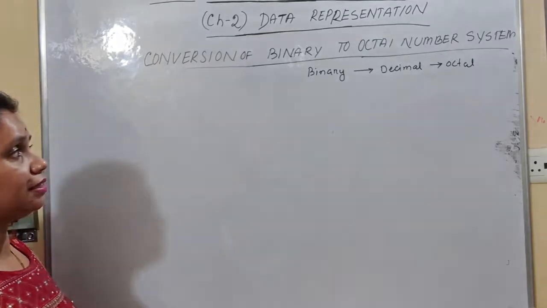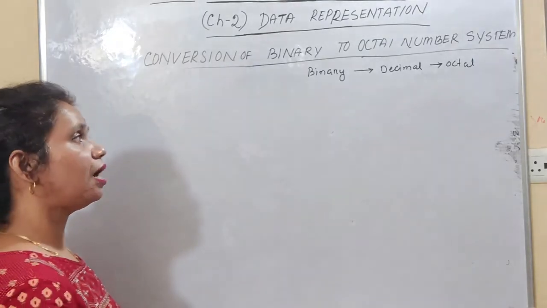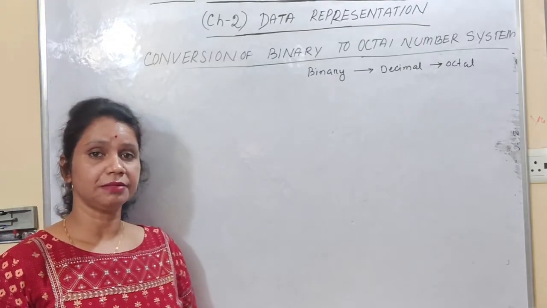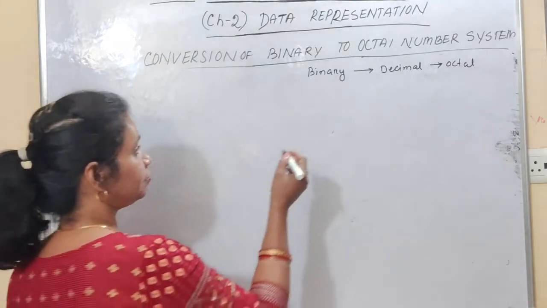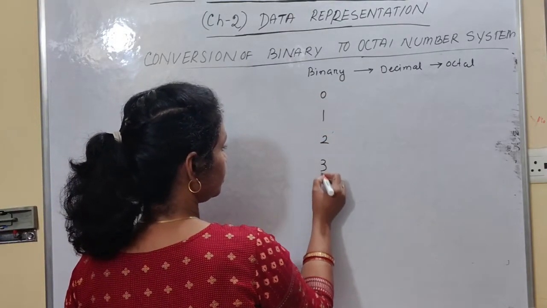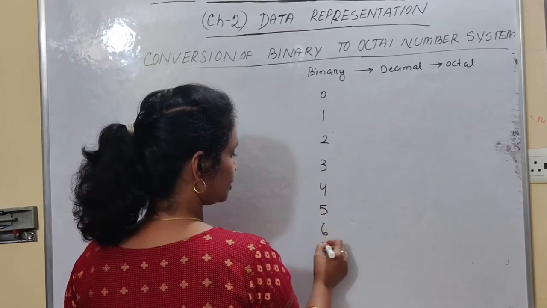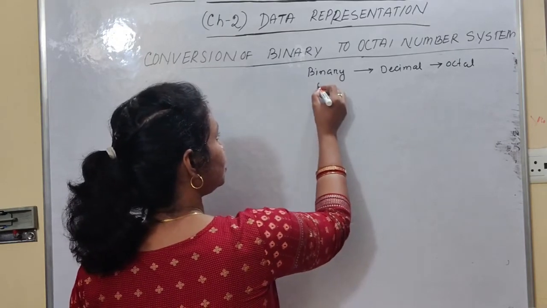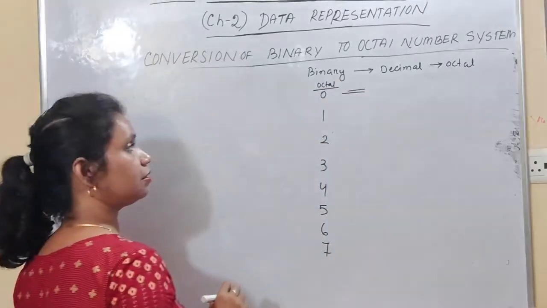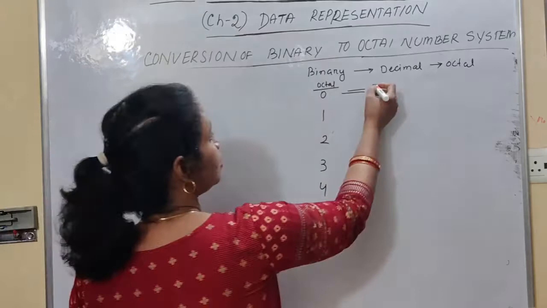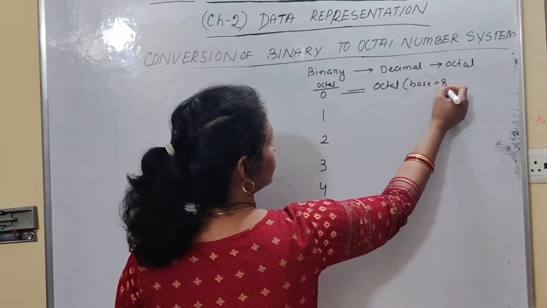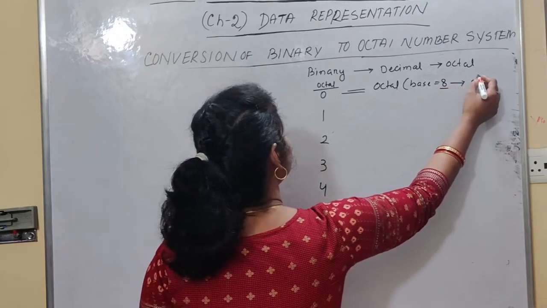But before discussing that, I want to discuss how you can represent any octal symbol in its equivalent binary. Octal symbols or octal digits start from 0, 1, 2, 3, 4, 5, 6, 7. Octal means the base is 8, and 8 means 2 to the power 3.